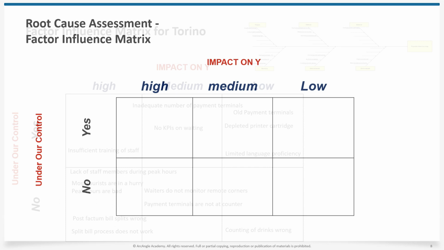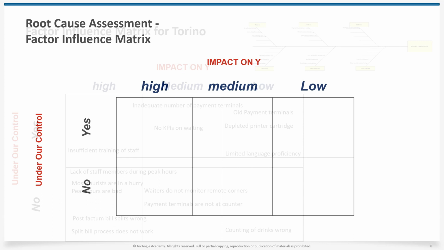By mapping the identified root causes onto this matrix, we can visually assess their significance and alignment with our project goals. Root causes that fall under the high or medium impact category and are within our direct control are the primary focus for immediate action and problem solving. These are the factors that have a substantial influence on the target metric and can be directly addressed by the project team.